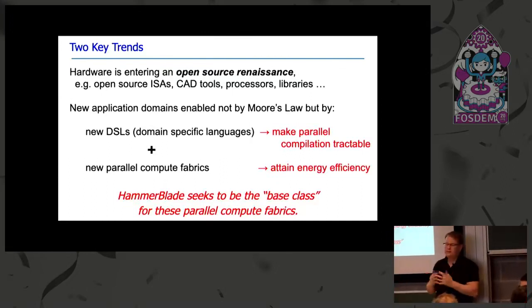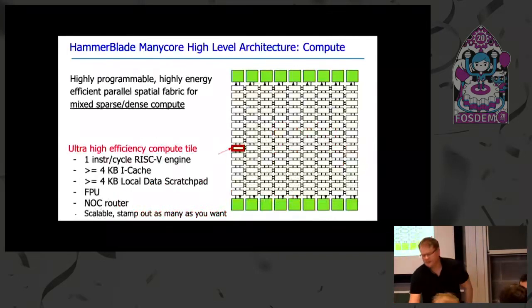And those are the things that are going to get us the energy efficiency that we need in order to get the high performance within a given thermal envelope. So the HammerBlade Manycore is seeking to be the base class of these parallel compute fabrics that are needed for these new application domains.